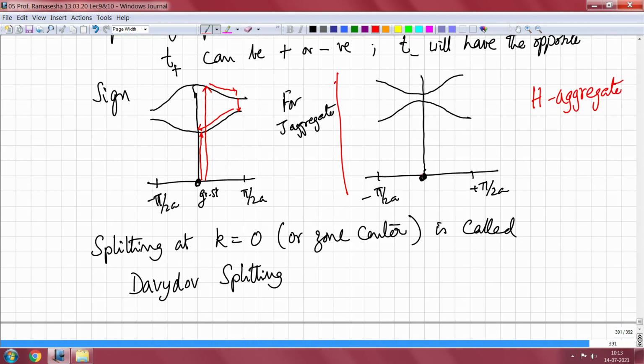In this case, the excitation can be from here to either there or indeed anywhere else, it does not matter. Then the excitation travels here and falls down to the lowest energy and tries to emit light from there. This is not allowed, so this is weakly luminescent. The J aggregate is strongly luminescent.